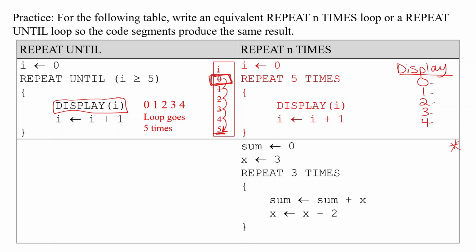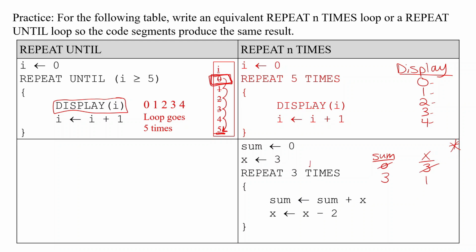All right, next I have a repeat n times right here, and I want to write it as a repeat until. So again, I want to just trace through this and understand what is happening. So sum is going to be 0, x is going to be 3, and I repeat 3 times. I add sum and x together, and that becomes my new sum. And then I subtract 2 from x.